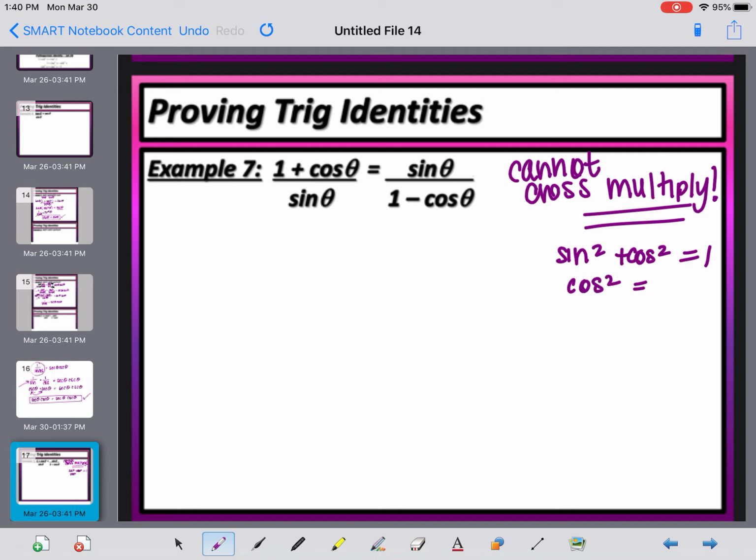So I have sine squared plus cosine squared equals 1. I could also have cosine squared equals 1 minus sine squared, or sine squared equals 1 minus cosine squared. Well, this 1 minus cosine squared, it's similar to what I have. I have a 1 plus cosine.